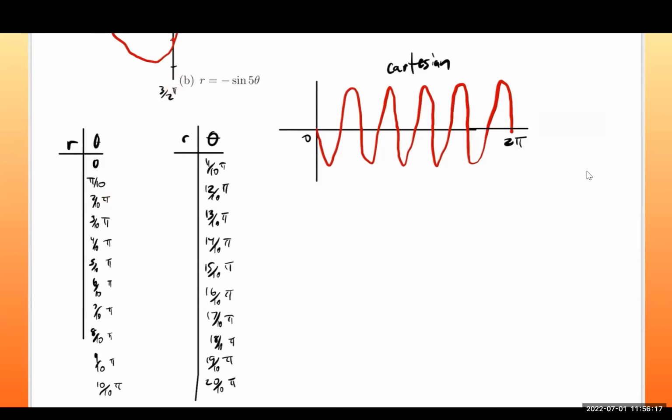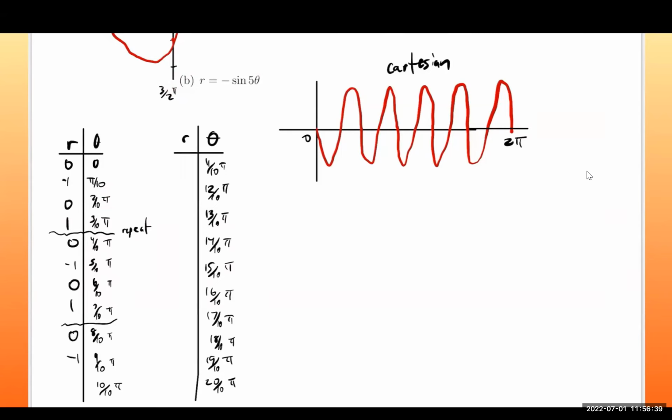Okay, and so if you plug in all these angles into this equation, you're going to get the following values. 0, -1, 0, 1. And then you're going to get a repeat. It's just going to cycle again. It's just going to go over the same values all over again.